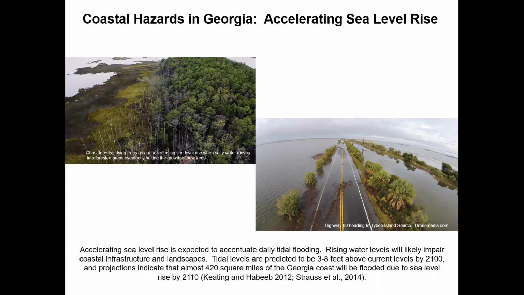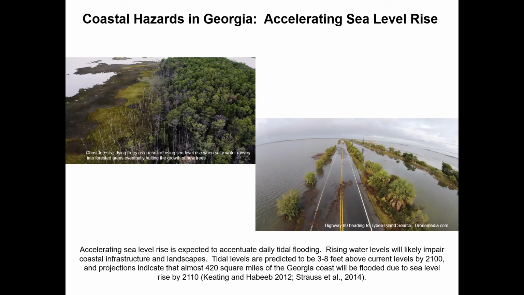Another study determined that almost 420 square miles of the Georgia coast will be impacted by sea level rise by 2110. So these predictions are real, and potential impacts to our coastal landscapes are very much possible and real.